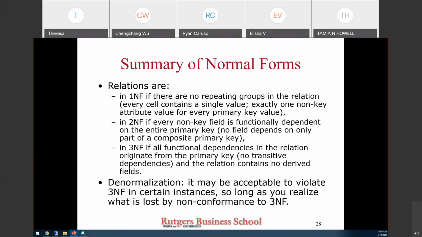So, the insert and delete anomalies outlined for the second normal form professor table may be deemed acceptable in this case, and the organization may decide to leave the professor table in second normal form.